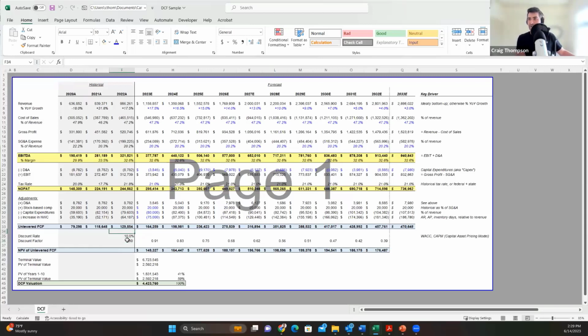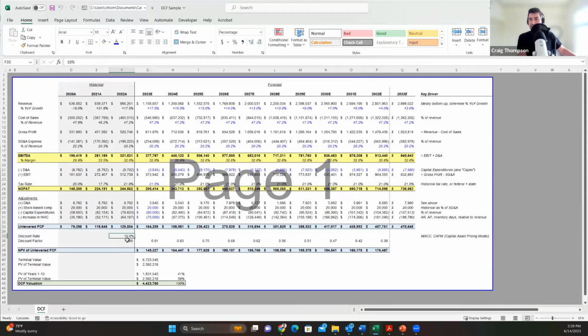So for those following along in the video, you can see that in this made up model that I built, this made up company, we're saying it's going to generate about $164,000 in free cash flow that we're projecting this year.